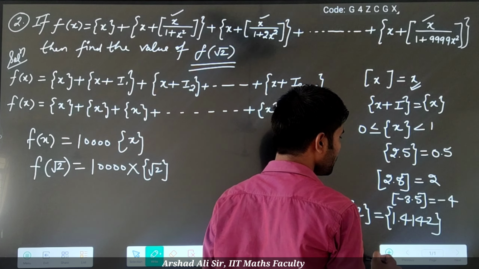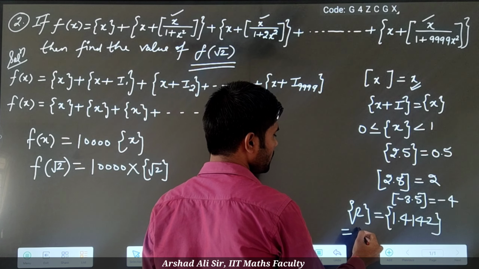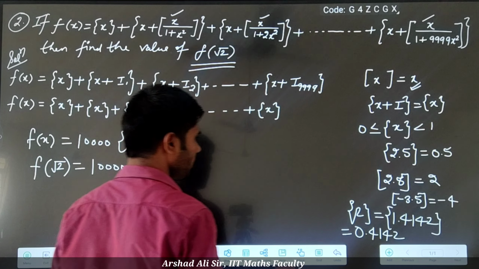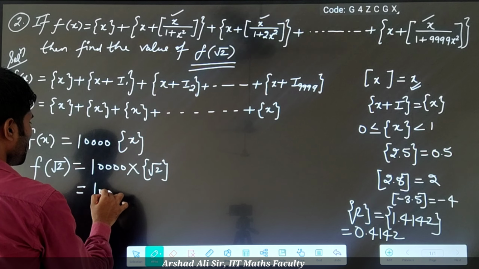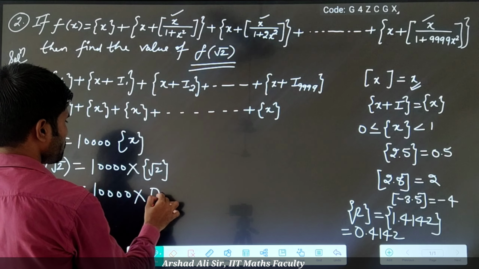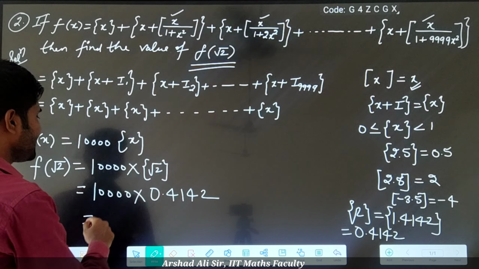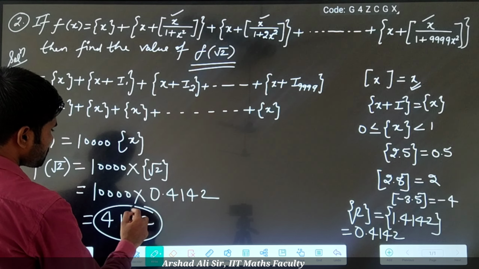So what is the fractional part of 1.4142? It will be 0.4142, only the decimal part. So instead of the fractional part of root 2 we can write 0.4142. If we multiply by 10,000, it will be 4142, okay student.